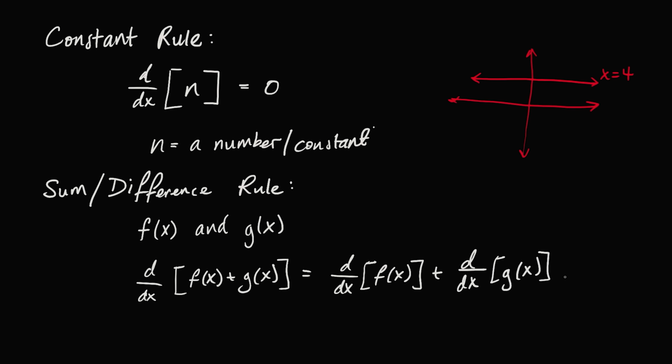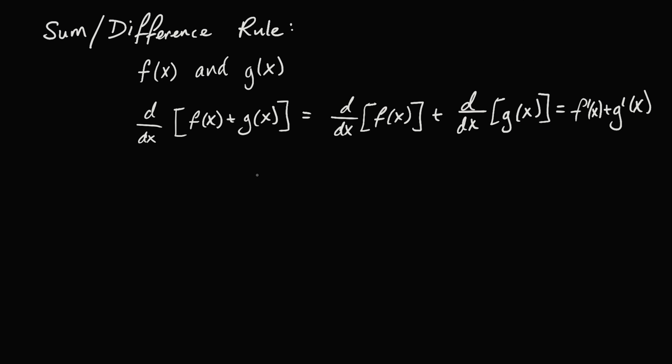Now you might ask what a simpler way of writing this is. Let's use one of the notations we used. We could just say f prime of x plus g prime of x, because those also mean derivatives. It's going to be the same for our difference rule.